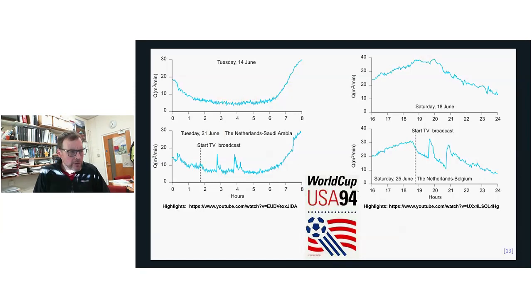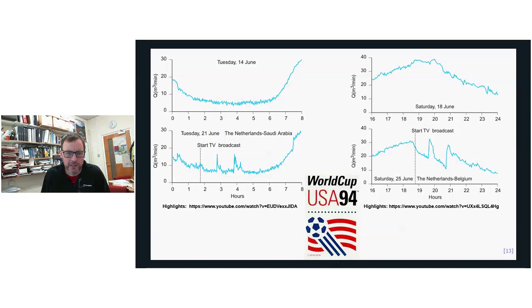Right, so this is data from the Netherlands in 1994, and if we look at the two graphs on the left first, the top graph shows typical water demand, and the lower graph shows water demand during a football match.